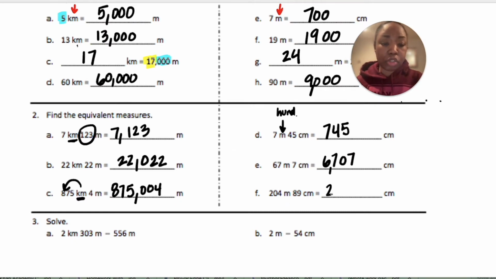This would be 204 hundredths, right? 2 zeros. So this would be 89. 204 hundredths is 20,400, and then you add that 89, making 20,489.